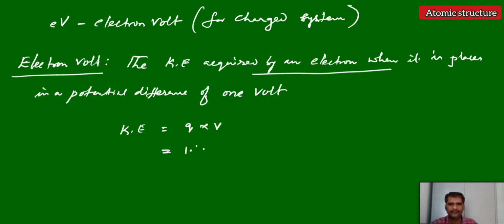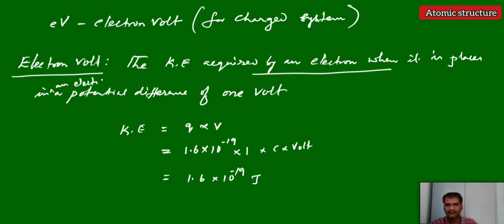1 electron charge, 1.6 into 10 power minus 19 coulombs. And this is 1 volt. So you will get coulombs into volts. That will give 1.6 into 10 power minus 19 coulomb volt, nothing but joules. What is this? The kinetic energy acquired by 1 electron when it is placed in an electric field of potential difference of 1 volt.